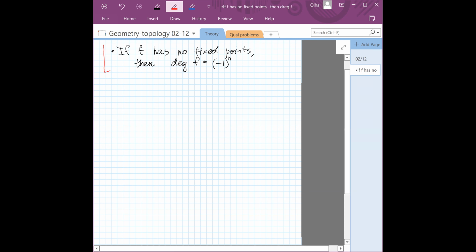The idea behind this is that if F has no fixed points, then we can find a homotopy between F and the antipodal map, basically by going from x to negative x.